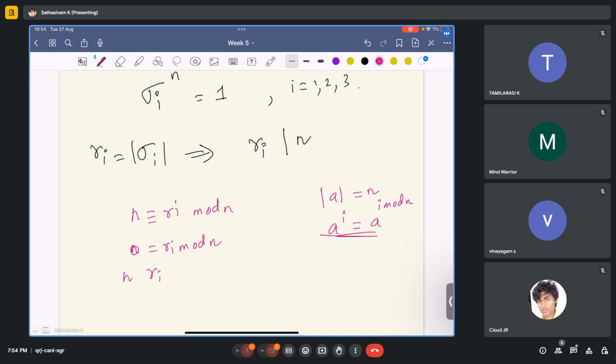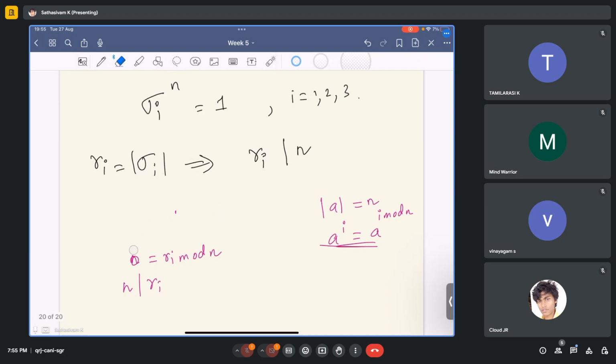So this kind of tells you Ri divides... Sorry, not Ri divides. Sorry, Ri is the order, right? n is not the order. So n, what you have is n is congruent to 0 mod Ri. So this is what we have.